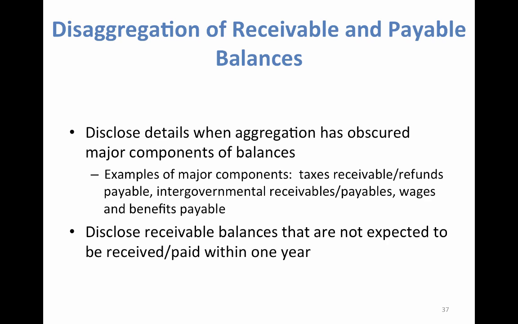Also, if there are receivable balances that are not expected to be received during the coming year, they will be specifically identified within this note disclosure, which is really useful if you're looking at short-term available resources. You don't want to think about a receivable that's not going to be collected for at least a year.